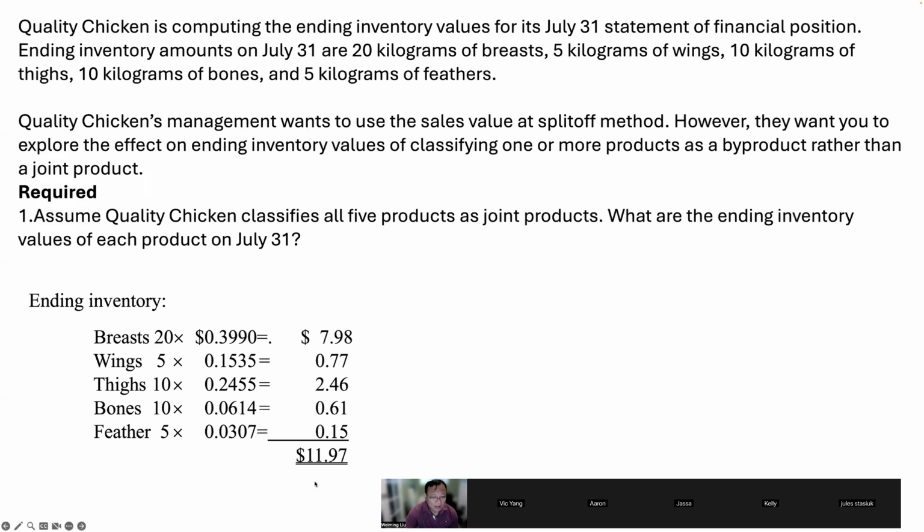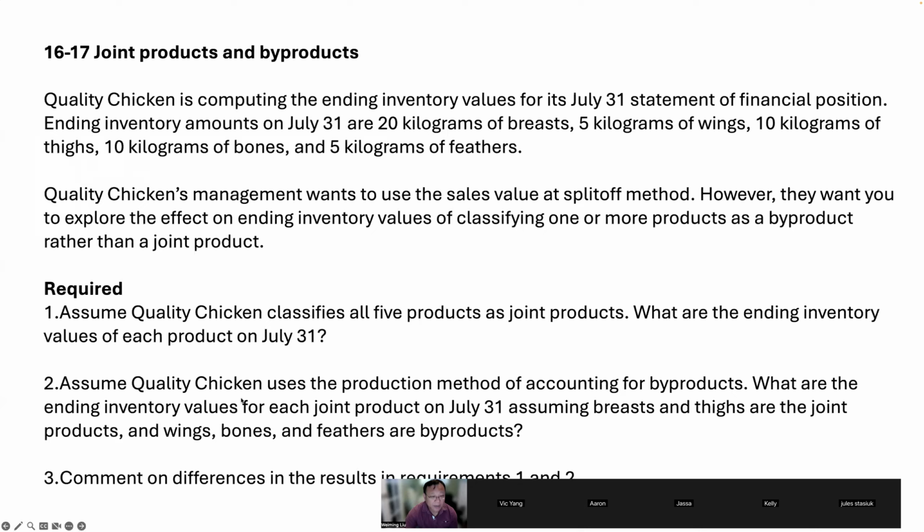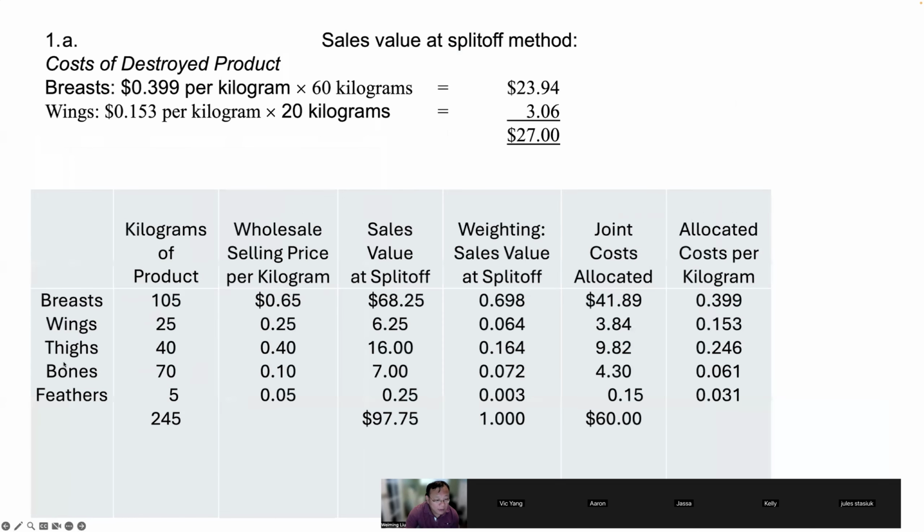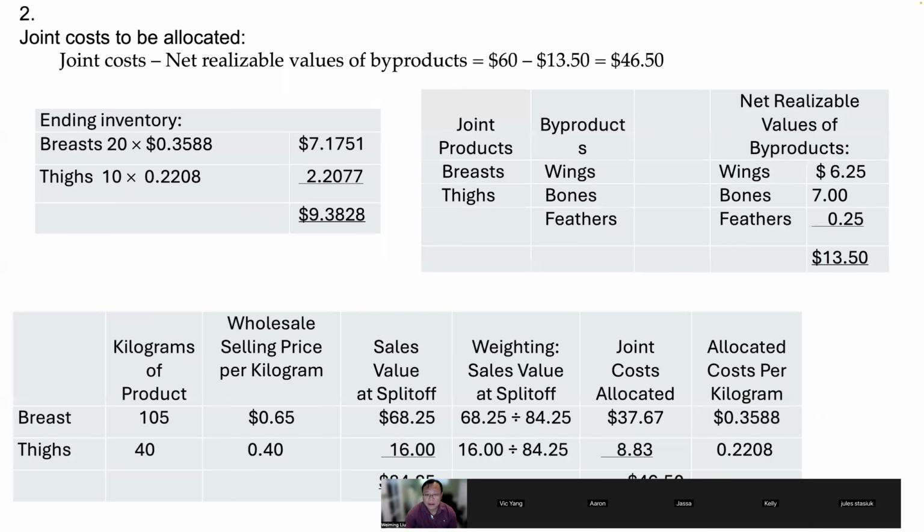So the cost, the sales price, right? Let me take a look at the sales price. So here, this is my selling price. For wing is 25 cents. Bones is 10 cents. Feather is 5 cents. Okay. And then I need to know how much I can sell these byproducts for, right?